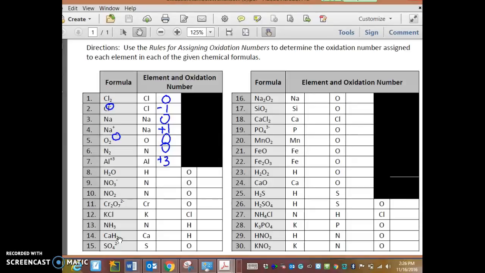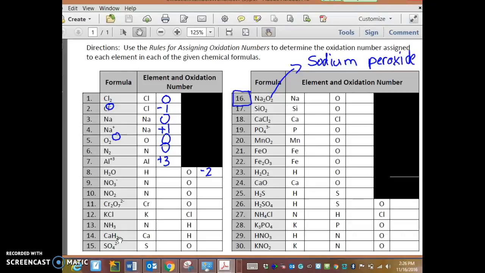In water, we have H and we have O. We need to write the oxidation number for one symbol. What is the rule about oxygen? -2, unless it is a peroxide. You will have to watch out for number 16 here, because this is sodium peroxide.